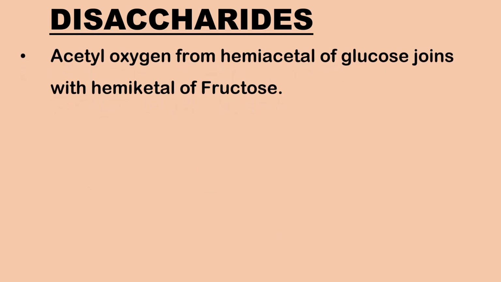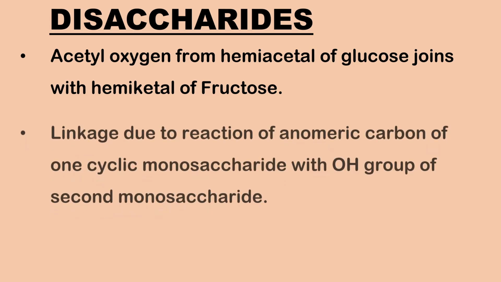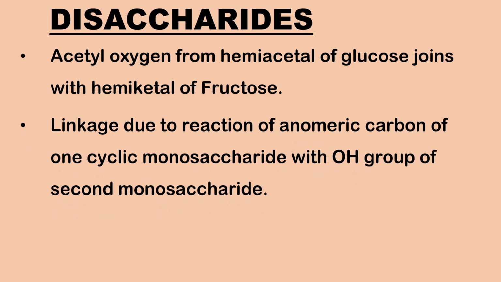C12H22O11. The acetal oxygen from hemiacetal of glucose is joined to the hemiketal of the fructose, forming sucrose. The linkage is formed due to the reaction of the anomeric carbon of one cyclic monosaccharide with the OH group of a second monosaccharide.